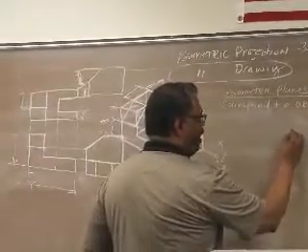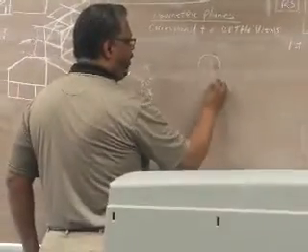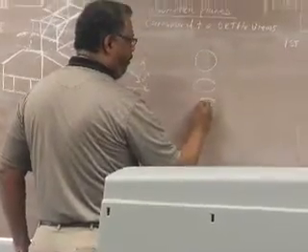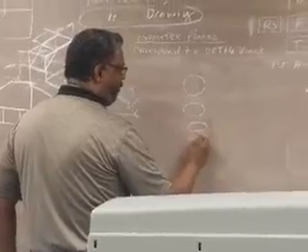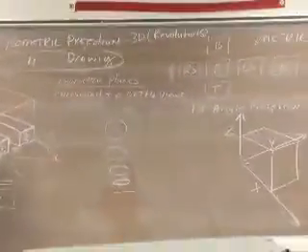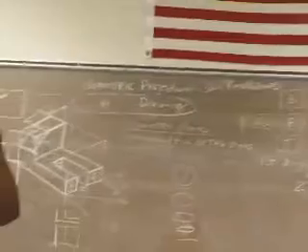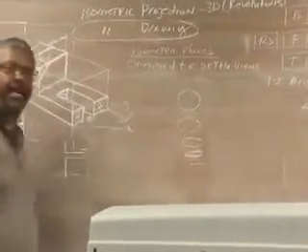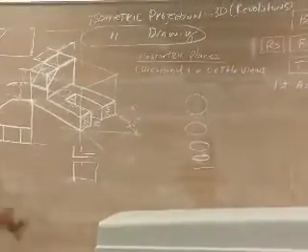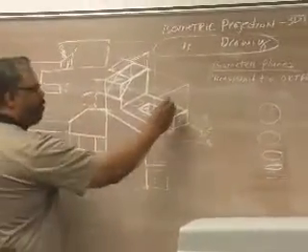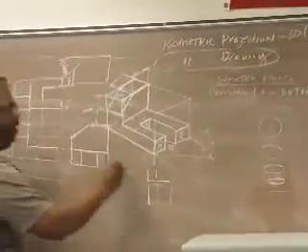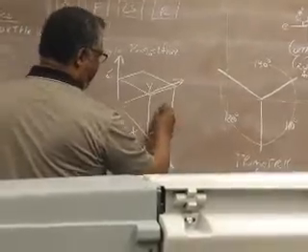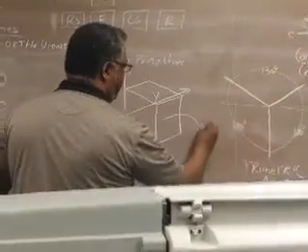Initially it'll be round. As you change the angle of the paper, it'll look more and more elliptical until all you can see is the edge of the paper. You can't see the circle anymore. So it will appear elliptical depending on the angle. So on these planes here, a circle on this plane is an isometric ellipse.